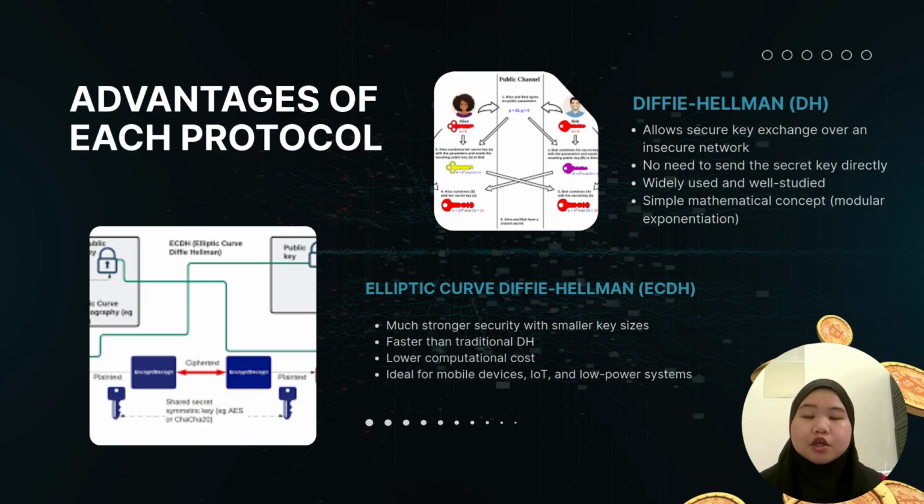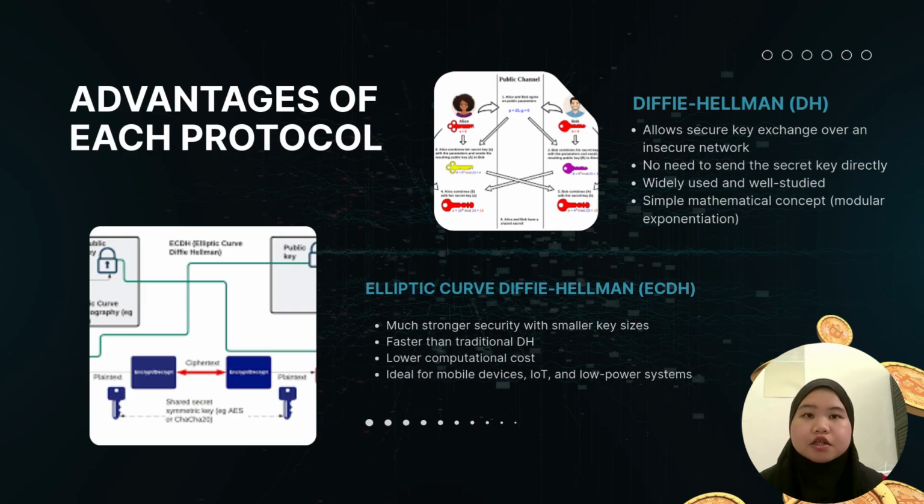Next is elliptic curve Diffie-Hellman or ECDH. ECDH provides the same or higher level of security as DH but with a much smaller key size. For example, a 256-bit ECDH key provides similar security to a 3072-bit Diffie-Hellman key.